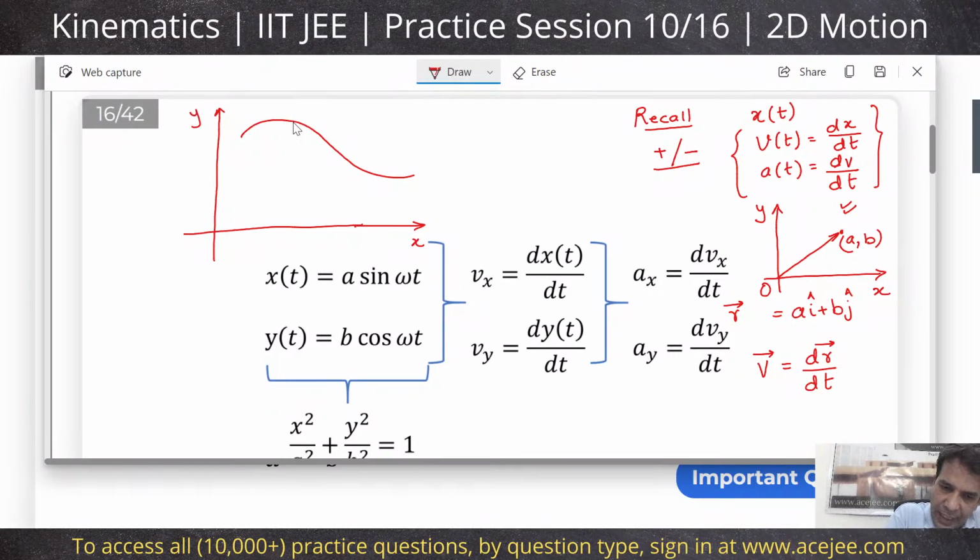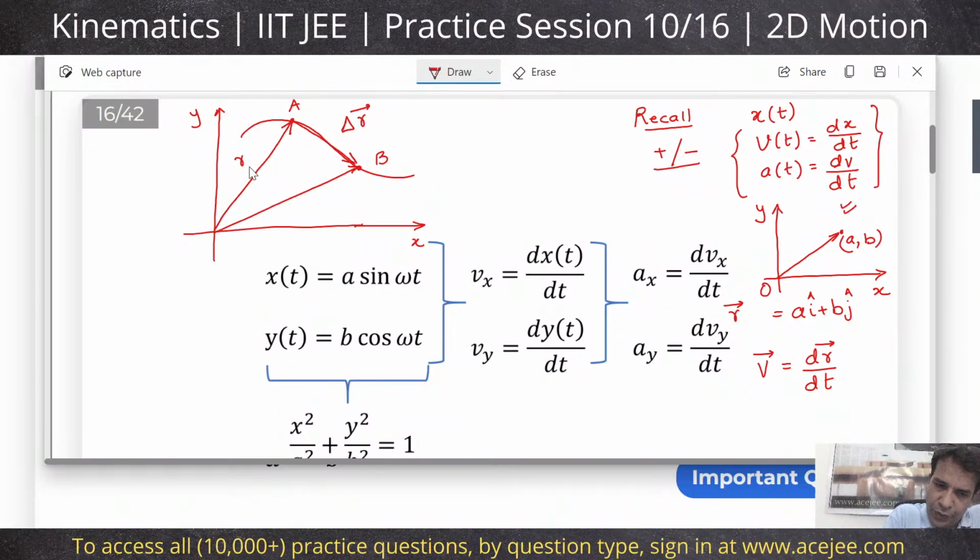Now, let's say at time t equals 0, the particle is here at point A, and after a certain duration delta t, the particle is at point B. Then let me just correctly draw it. So what will be the displacement? This will be the displacement vector. Let's call it delta r.